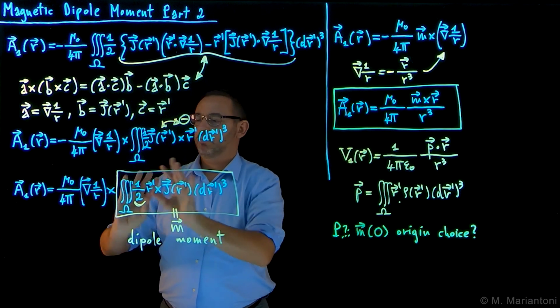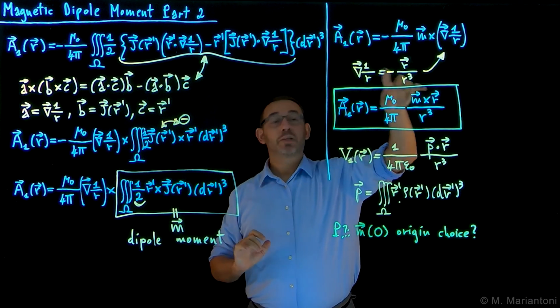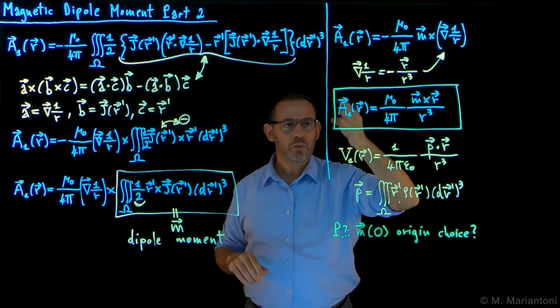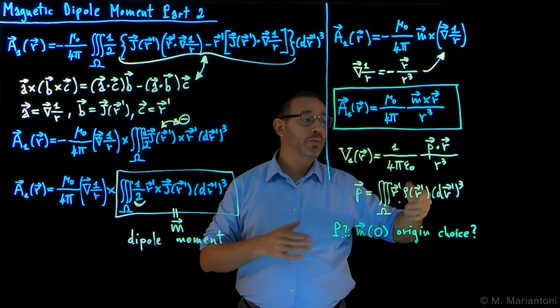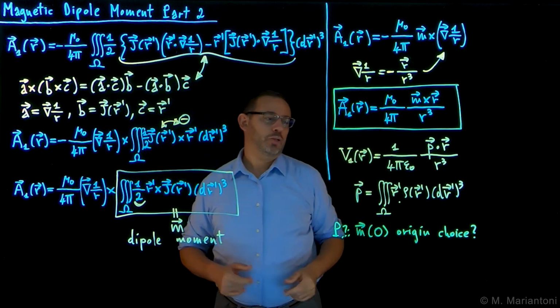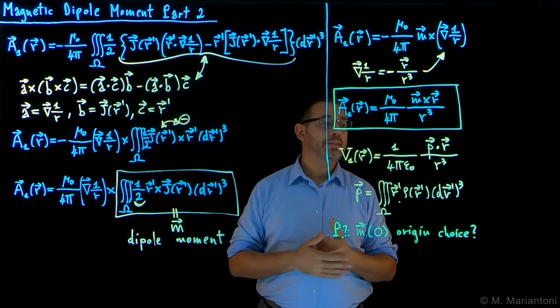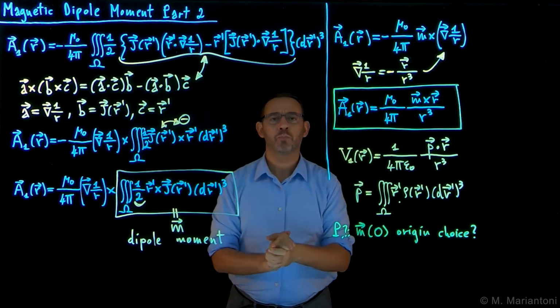Then some readjustments of these vector products. And eventually we end up with this expression, which finally gives us the famous result. A1 of r, the dipole moment, is mu0 over 4 pi m vector cross r over r cube, which is very similar to the p dot r over r cube for V in the electric case. And I'm asking you what happens if I choose a different origin when I intend to compute m according to this definition given here. That's it.